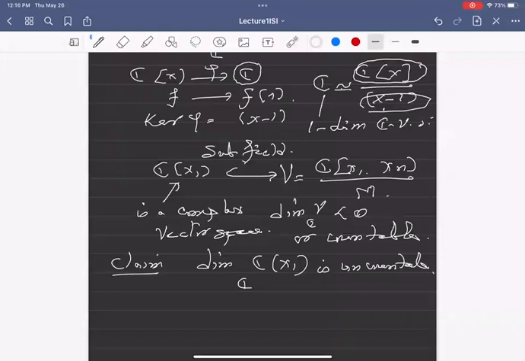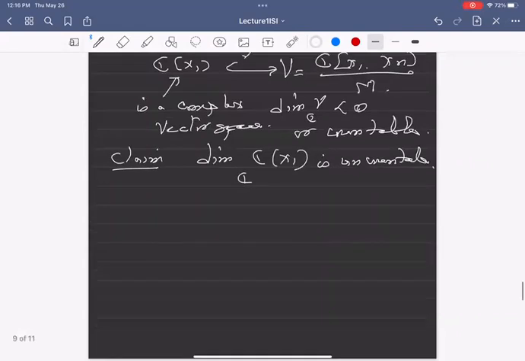It will be a contradiction to the fact that the maximal ideal capital M intersects to the zero ideal in C[x] in the polynomial ring in one variable. Okay, and then it will say that the maximal ideal contracts to a maximal ideal in the polynomial ring in one variable over C. Okay, so let us show that this dimension is uncountable.